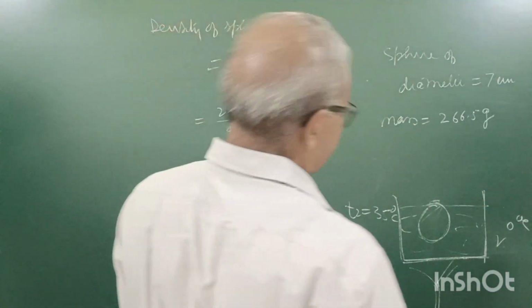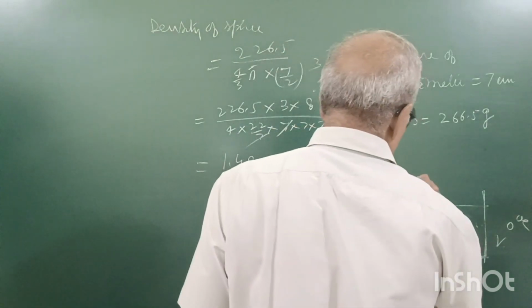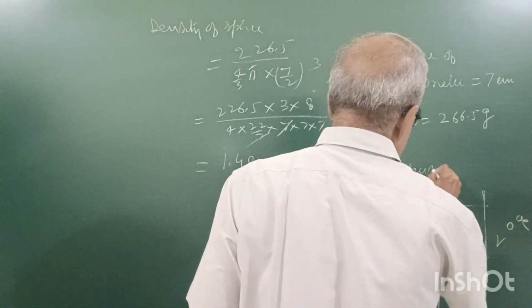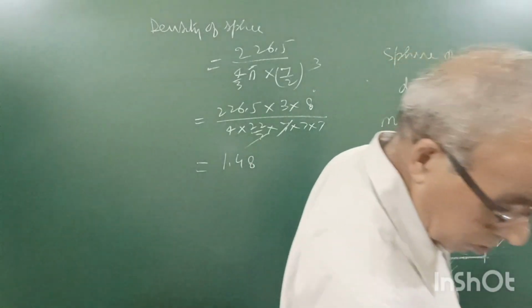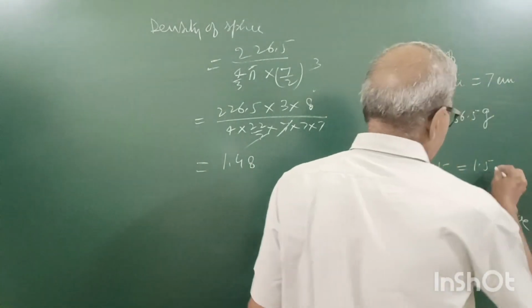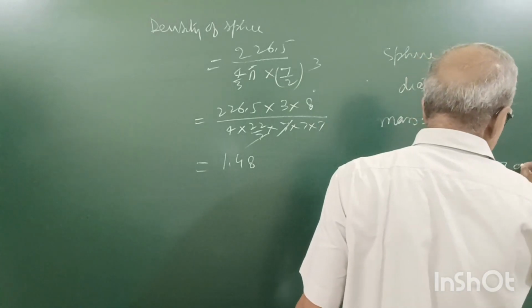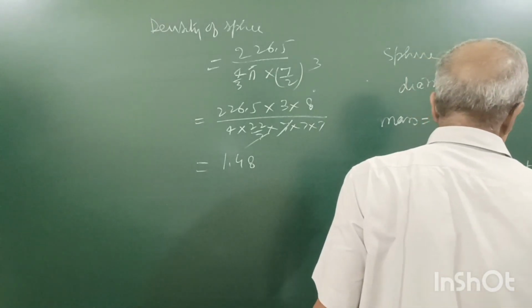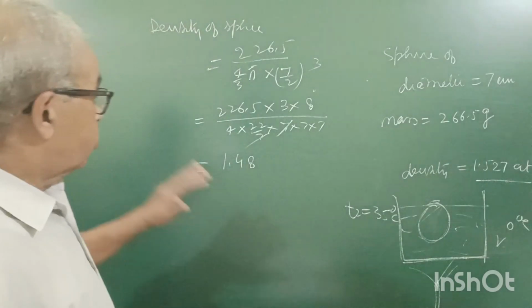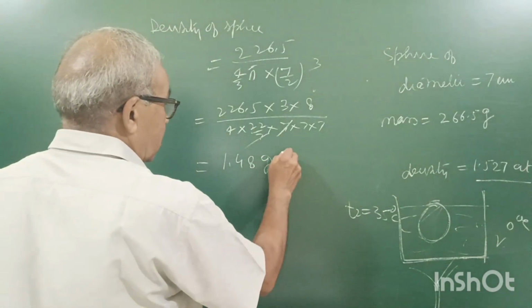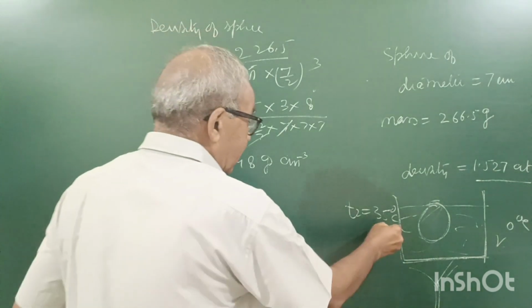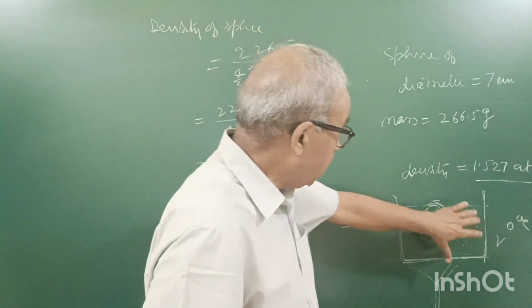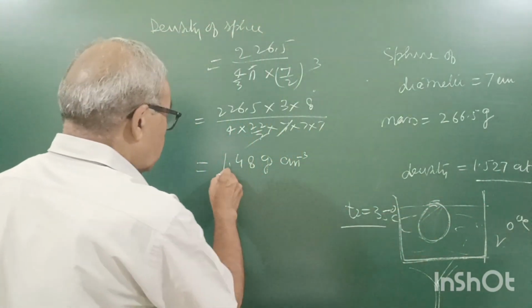What is the density of the liquid? The density of the liquid is 1.527 gram per centimeter cube at 0 degree centigrade. So at 35 degree centigrade, the density of this liquid will become equal to this.